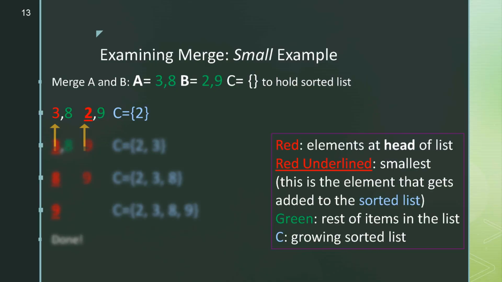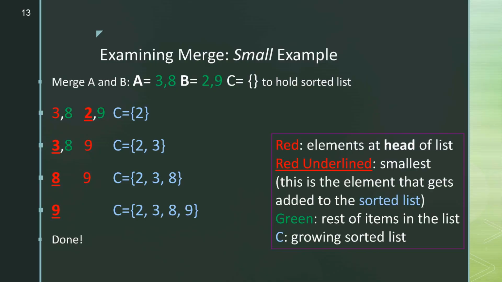I can think of this as having pointers to the head of the list. So let me move the pointer of list B over by 1, because I've moved 2 into my result. Now the head of each of the lists is 3 and 9. 3 being smaller, I move 3 into C, the result.